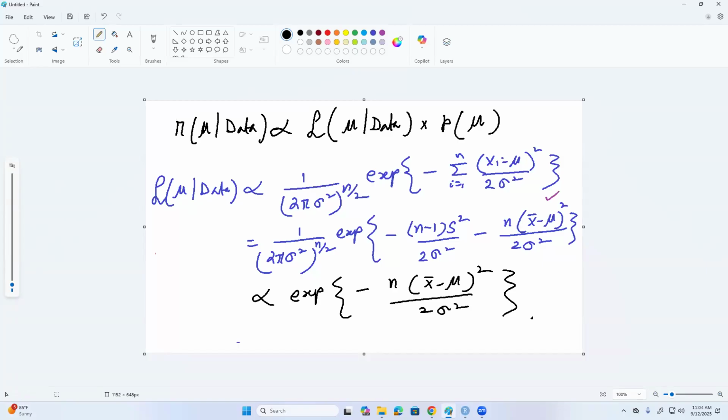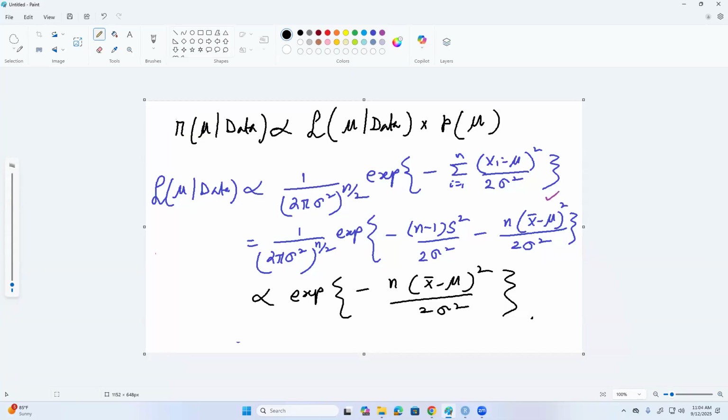And you see, the reason for breaking up xi minus mu is this simplification. If I had kept (xi minus mu) square, then I would have a very complex quantity. But after this breakup, everything is in terms of x bar.